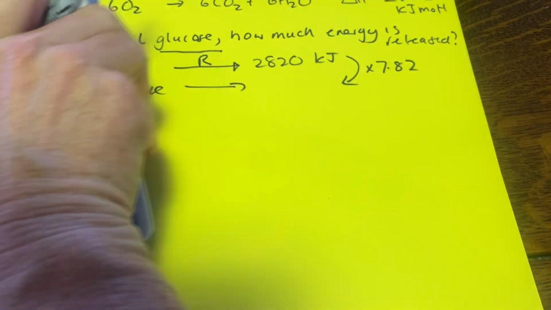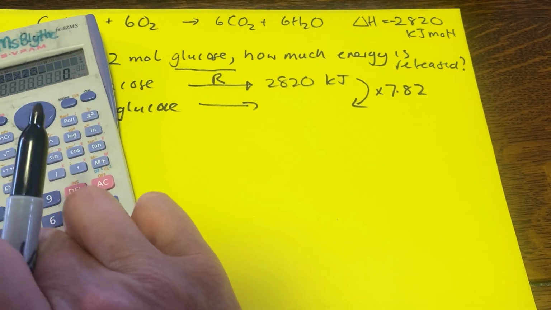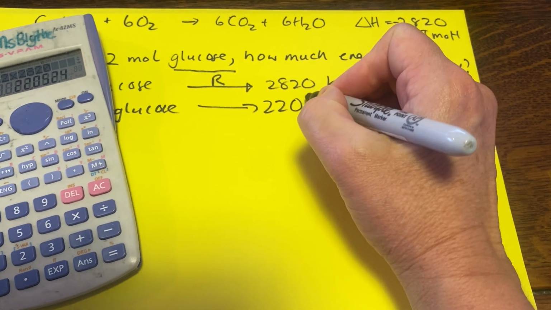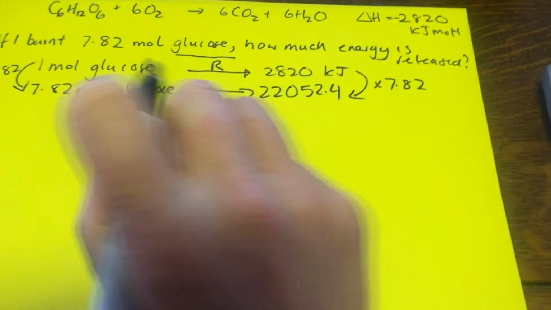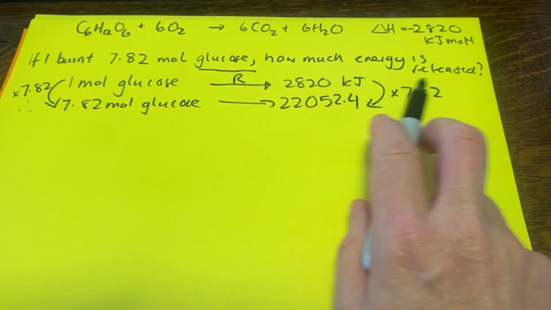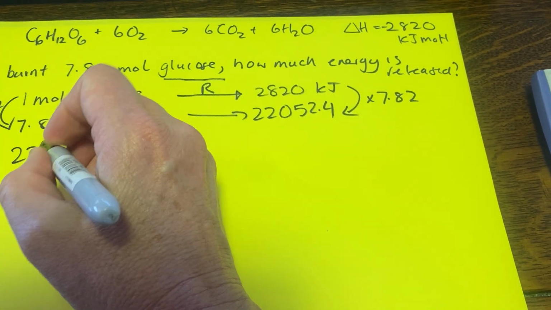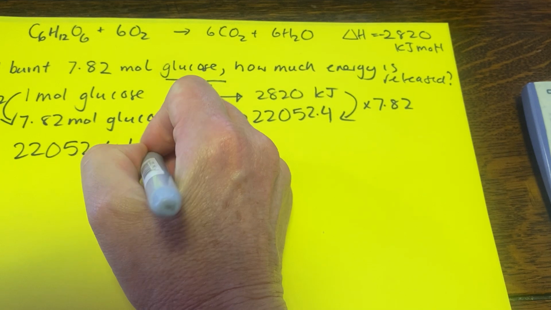So I just get my handy calculator and I go 7.82 times 2,820, and that gives me 22,052.4 kilojoules. So I'm going to answer the question. If I burnt 7.82 moles of glucose, how much energy is released? 22,052.4 kilojoules are released.